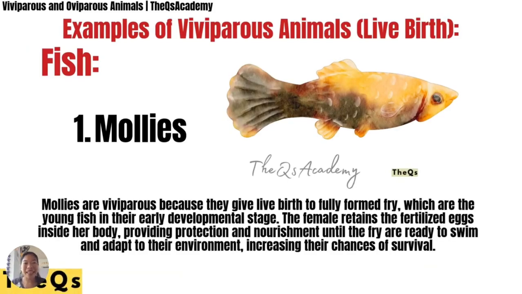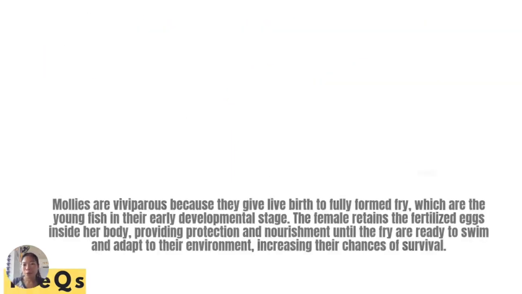Mollies are also a kind of fish that is viviparous. They give live birth to fully formed fry. So remember, fish like mollies and guppies are viviparous.